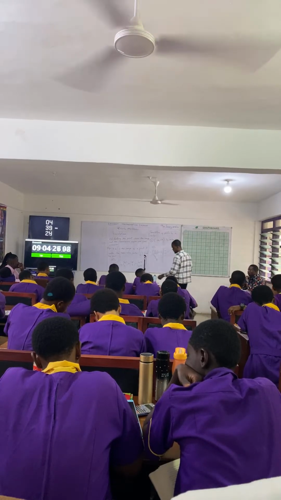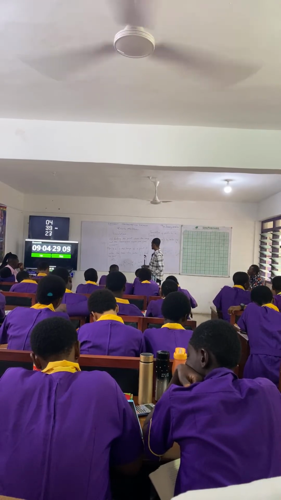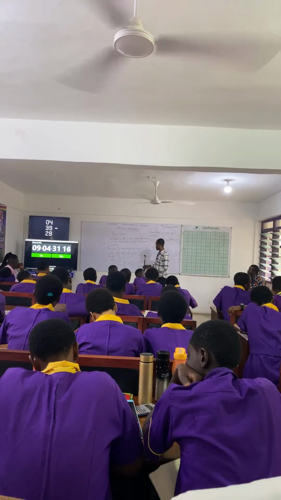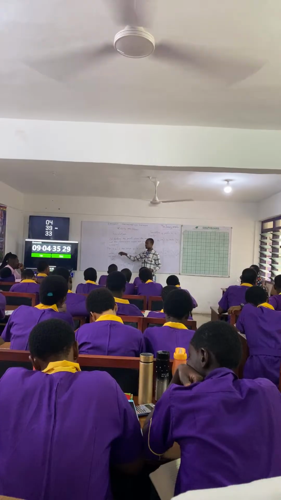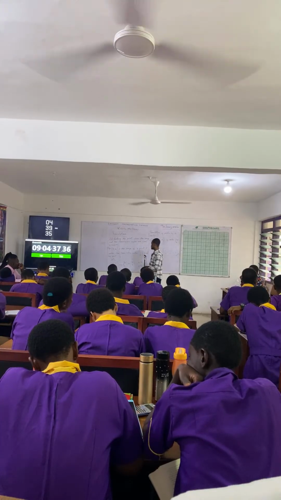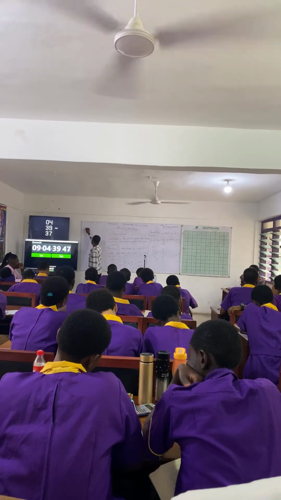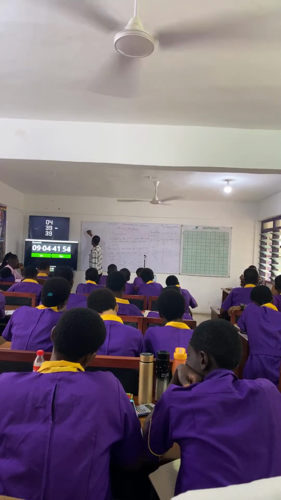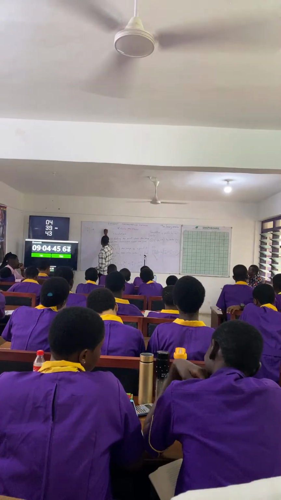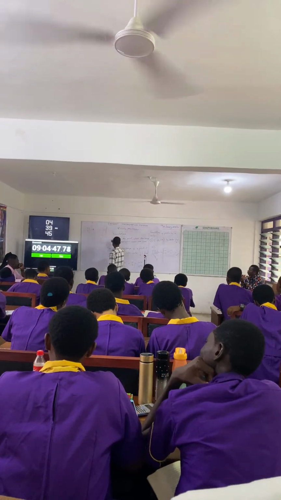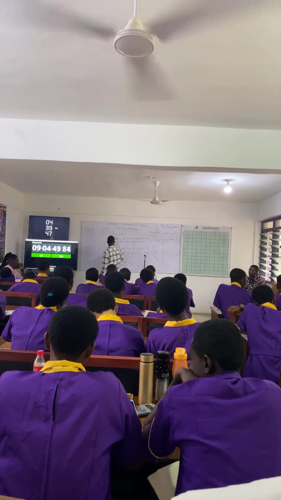So from the question here we have the image value. So this place is going to be replaced by the image. Let's do that one first. So we have (x, y) maps to... let's get everything here and come to the image side, which is (4, 6).